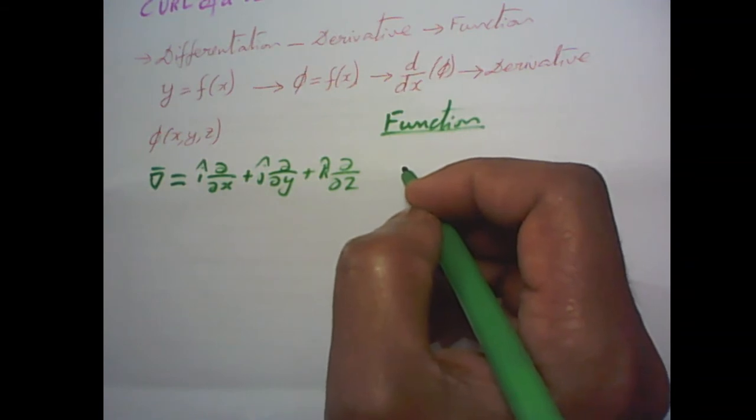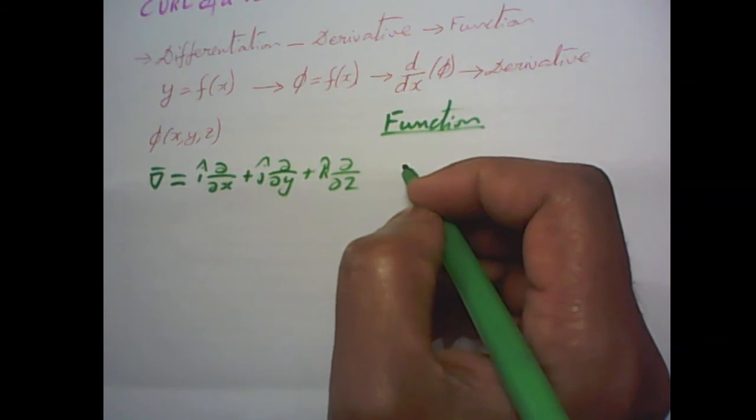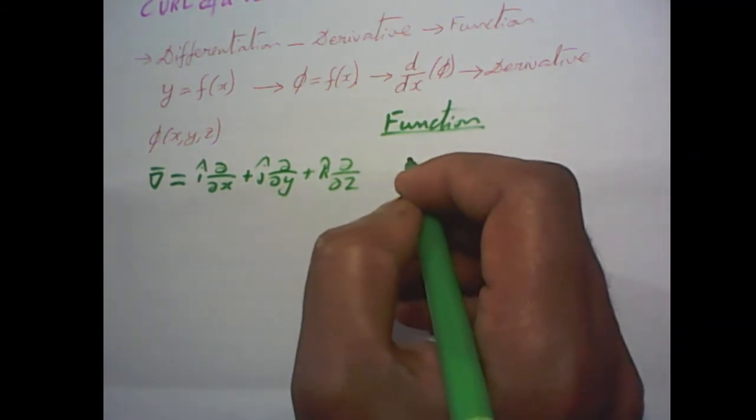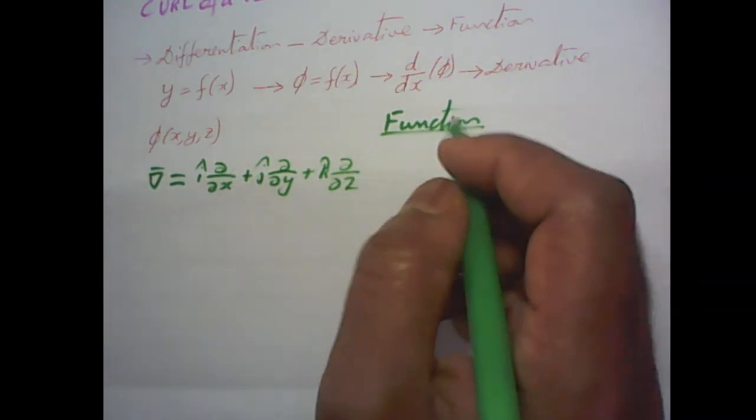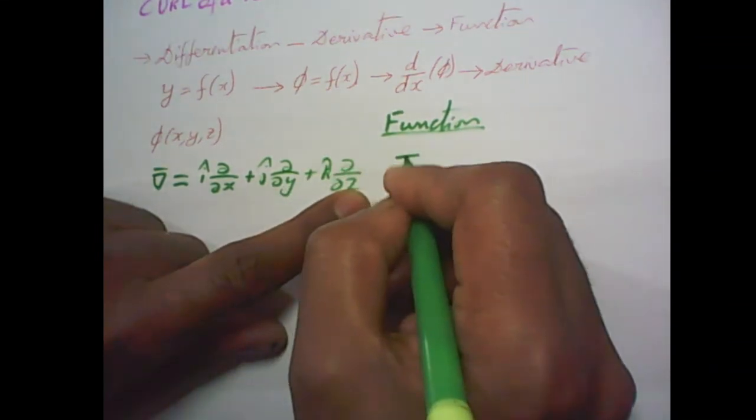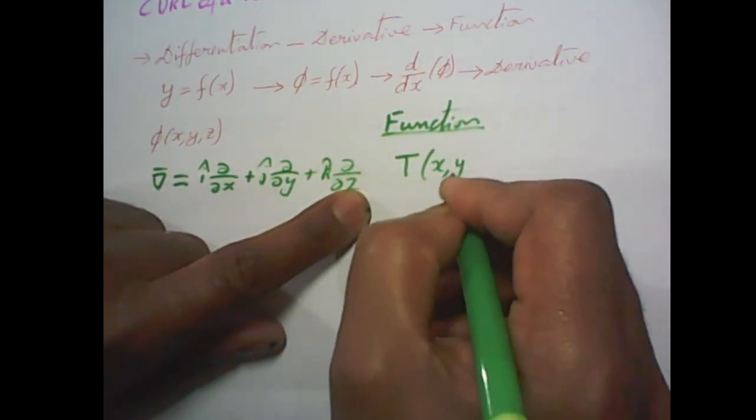If I use a thermometer to determine the temperature of the room, it will vary depending on the position where you measure the temperature. In the corner of the room the heater is there, so that is the origin. As I change the coordinates x, y, z, as I move away from the heater in different directions, the temperature will vary. So here we can say that the temperature is a function of x, y, and z.